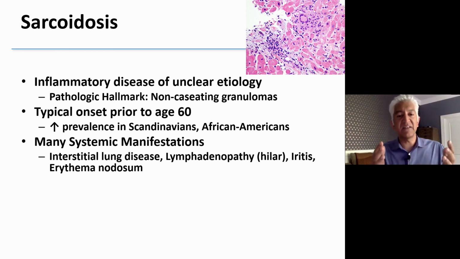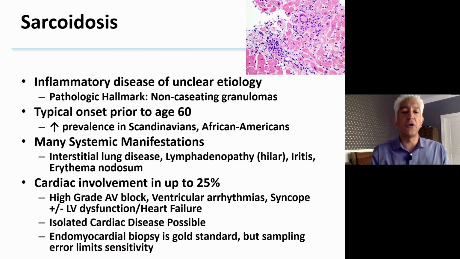This is a systemic disease that may have lung manifestations, lymphadenopathy manifestations, eye manifestations, skin manifestations, but can also involve the heart in about a quarter of patients. And the classic presentation is with heart block or ventricular arrhythmias in association with LV dysfunction and heart failure.